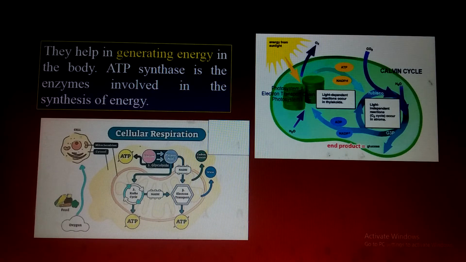Enzymes help in generating energy, and as we are familiar, ATP is the biological molecule which stores the energy. So ATP synthase is the best example, which is involved in the synthesis of the energy.